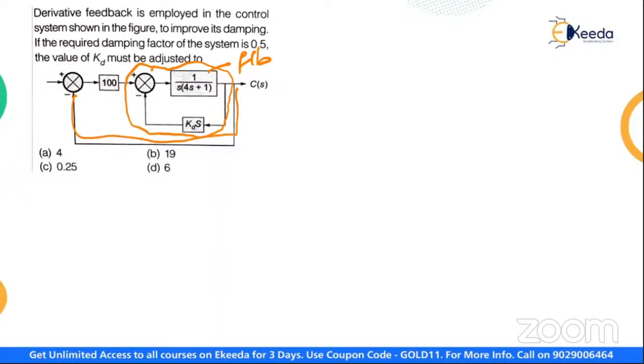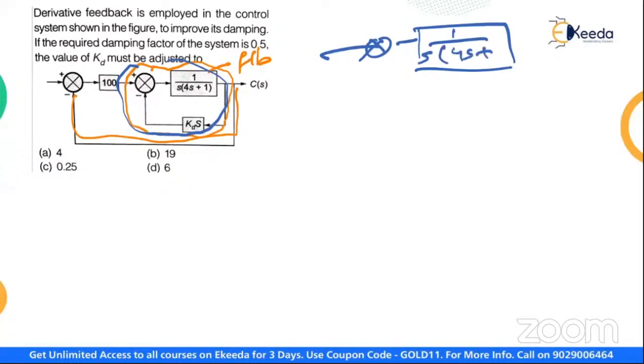Yes, sir, definitely it will be feedback. Moral of the story, let us do that. So for this internal calculation, let us calculate this one. So what is that? 1 upon s into 4s plus 1, and KDS goes here, correct?